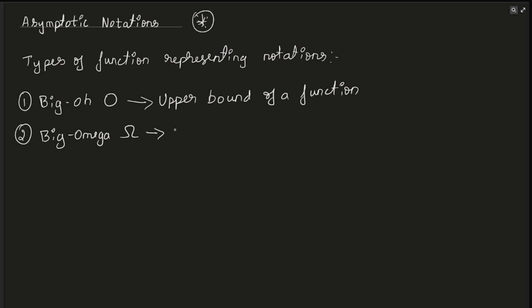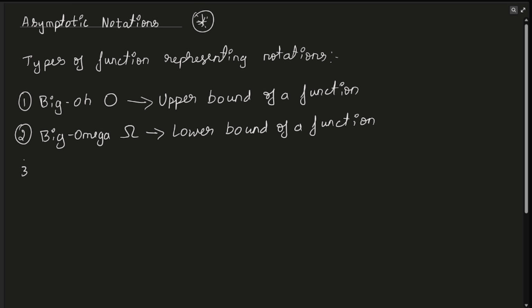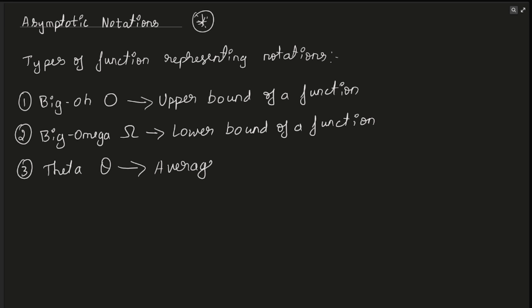As we all know, the lower bound of a function is represented using big omega. The last type is theta. We all know the symbol. This represents the average bound of a function. Now let us discuss each of these notations one by one in detail.